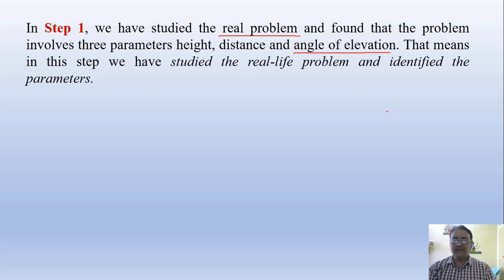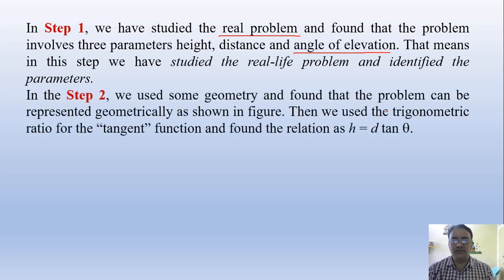That means in this step we studied the real life problem and identified the parameters. In step number 2, we used some geometry and found the problem can be represented geometrically as I have shown in that figure. Then we used the trigonometric ratio for the tangent function and found the relation H is equal to D tan theta.